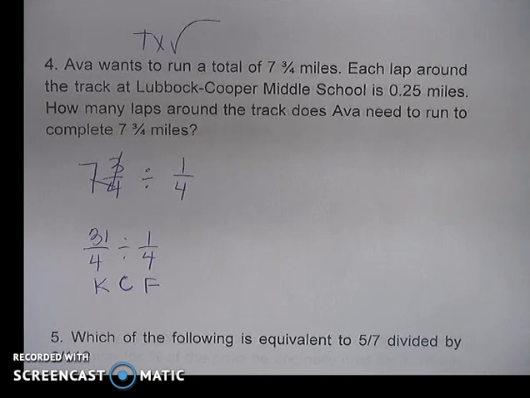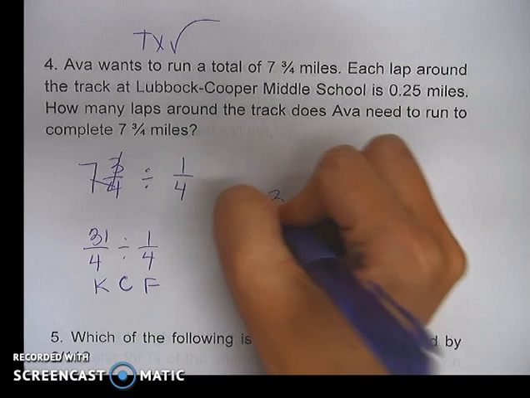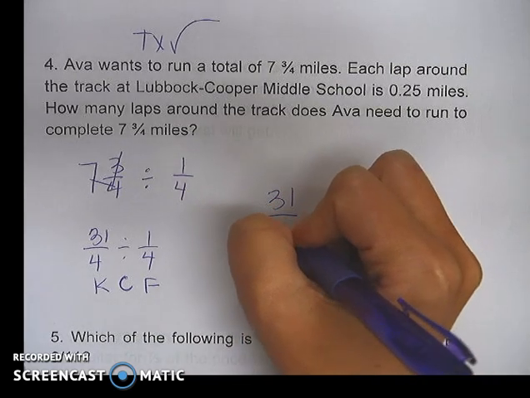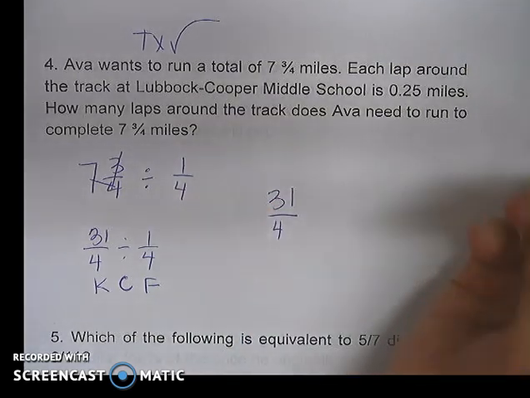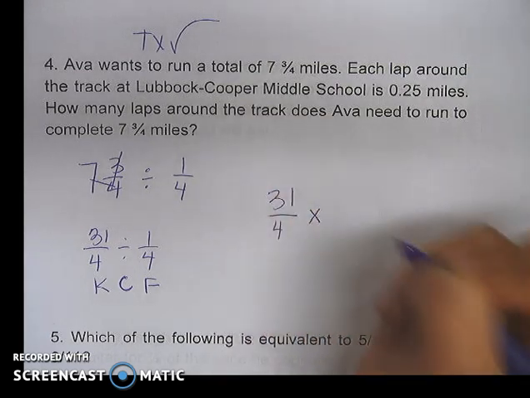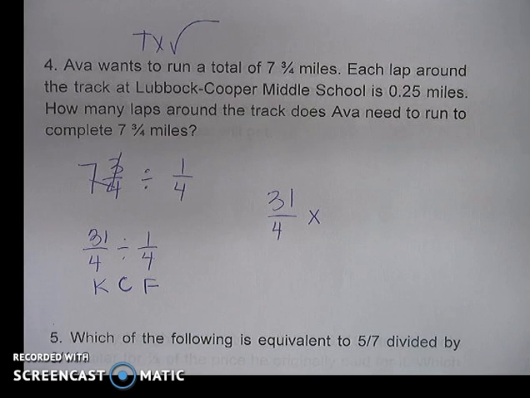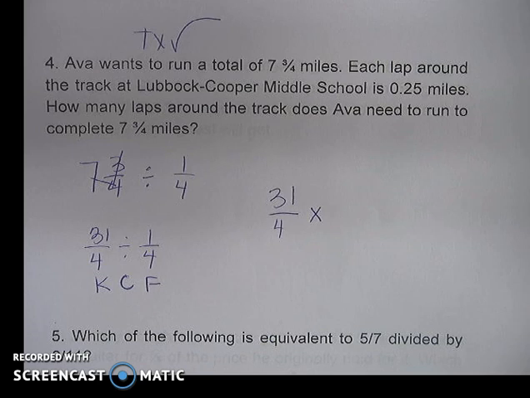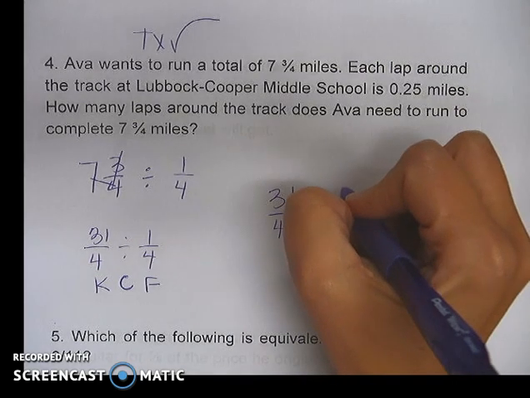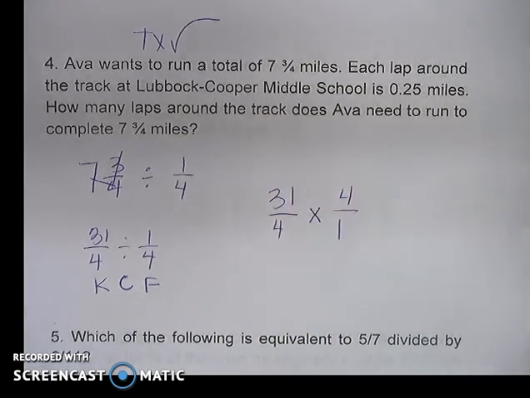So what that means is you're going to keep the first fraction exactly the same. So 31/4. Change the division sign to a multiplication sign, and then you are going to flip the second fraction to its reciprocal. Okay? The reciprocal is like the fraction just turned upside down. So this would become 4/1.